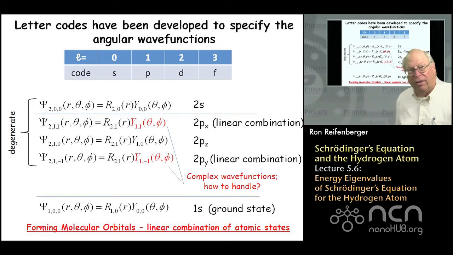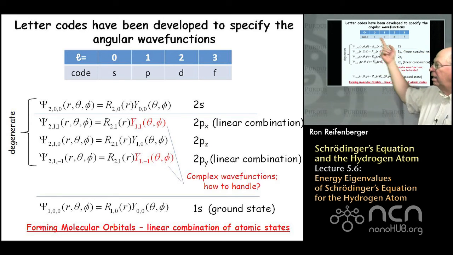I will also say that different disciplines have developed different ways to specify these quantum numbers. In particular, the chemists have developed a specific code that takes the quantum number script L and converts it into a letter. The code is given in this table, and depending on what the value for script L is, the chemists tend to refer to electrons in the L=0 state as S electrons.